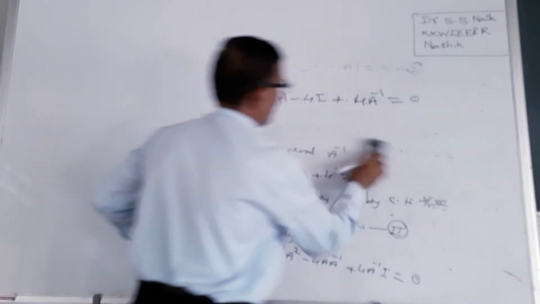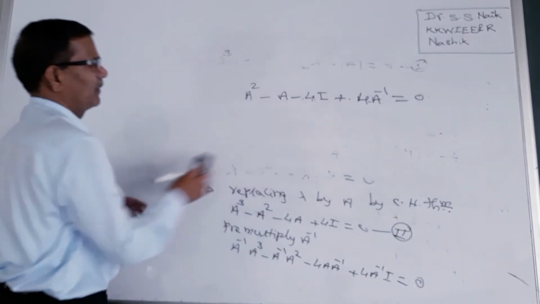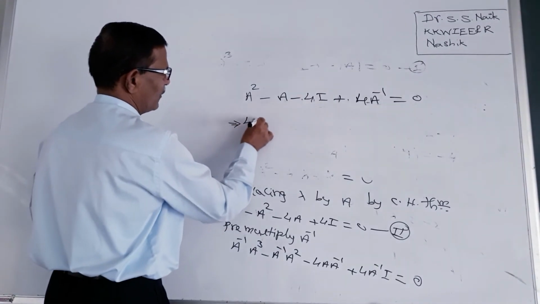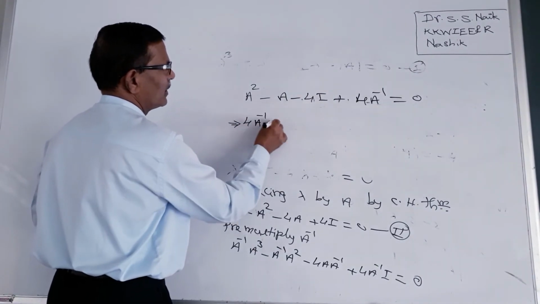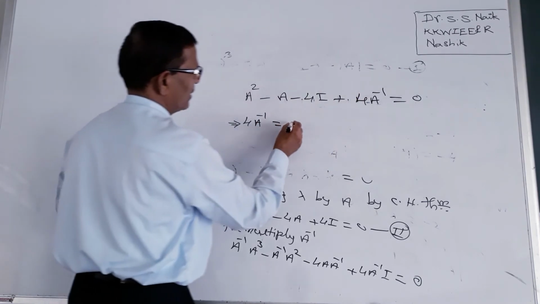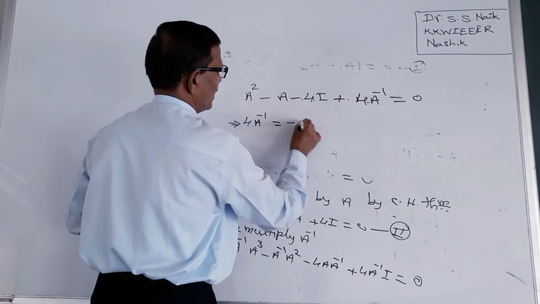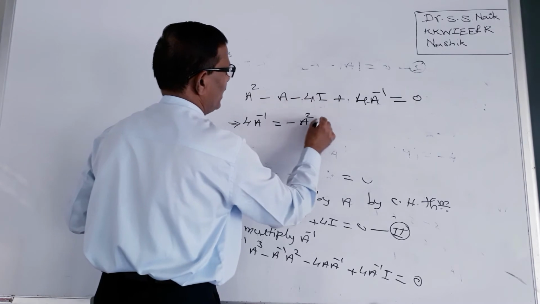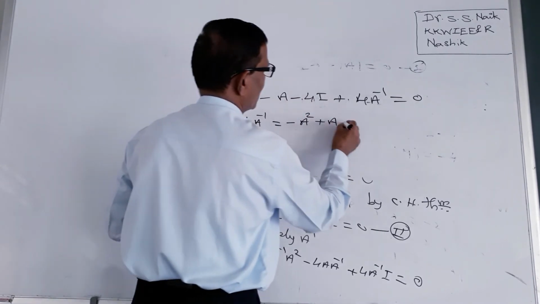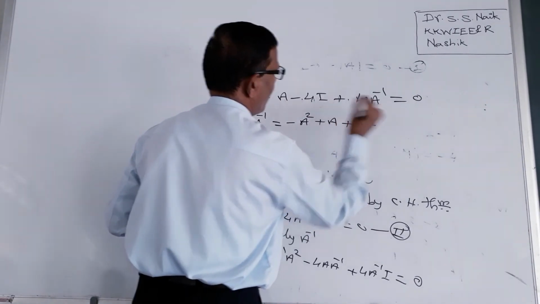Then from this you want to find A inverse. So I write it in the form that 4A inverse is equal to, this will go on that side, minus A square plus A, and minus becomes plus 4I.